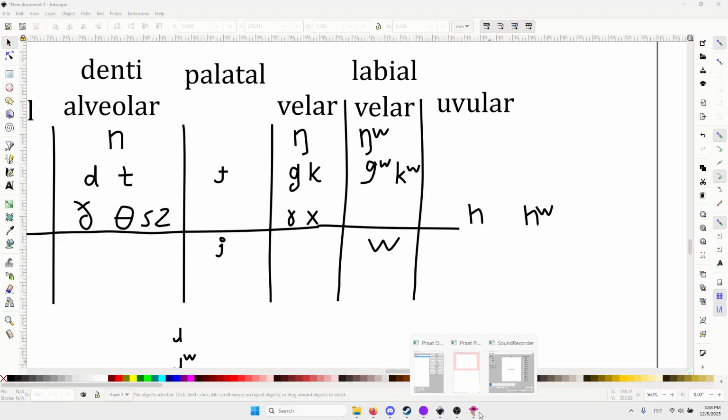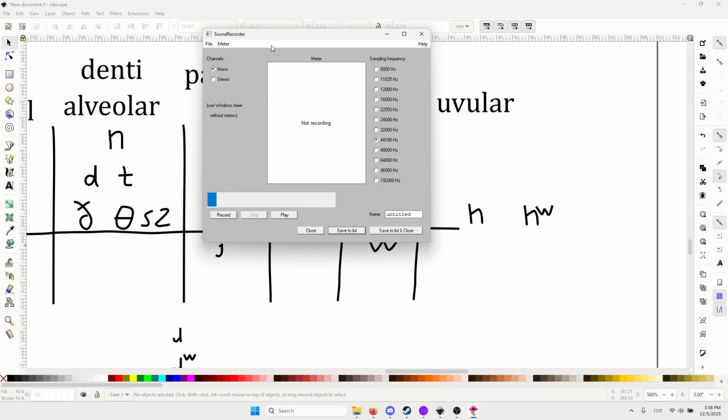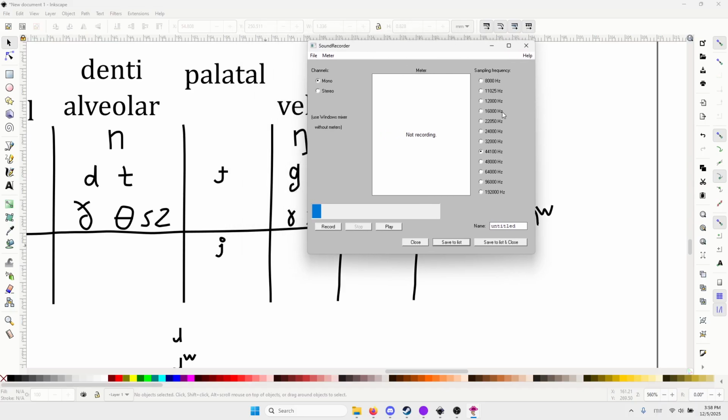But I'm going to test something. I'm going to record myself saying right, white, and right. Oh, I can't remember which one I did. Sorry. Right, white, and finally, right.